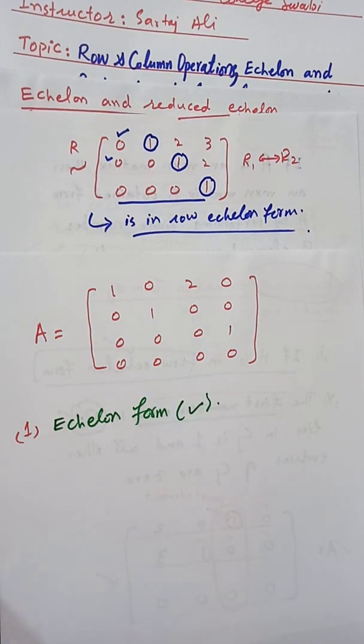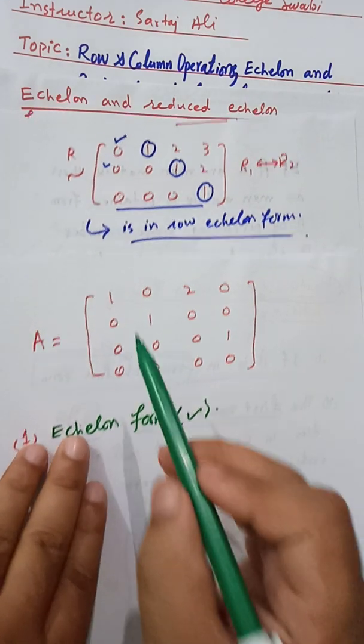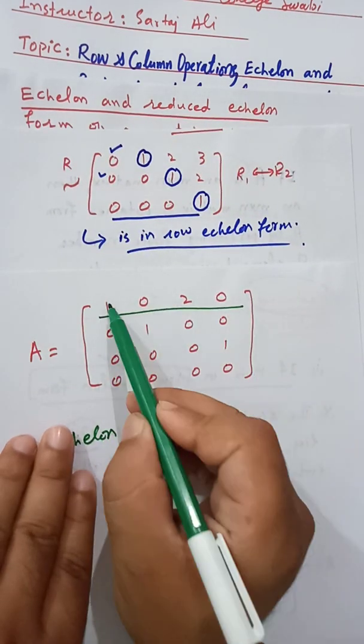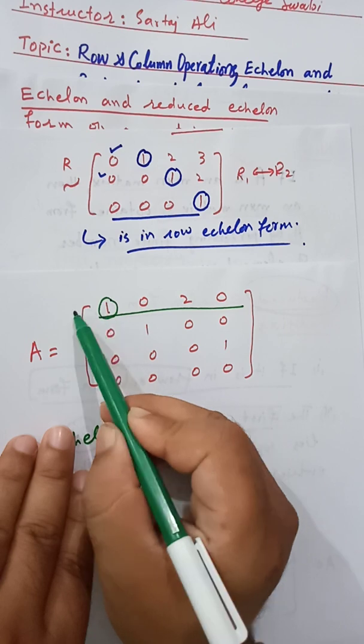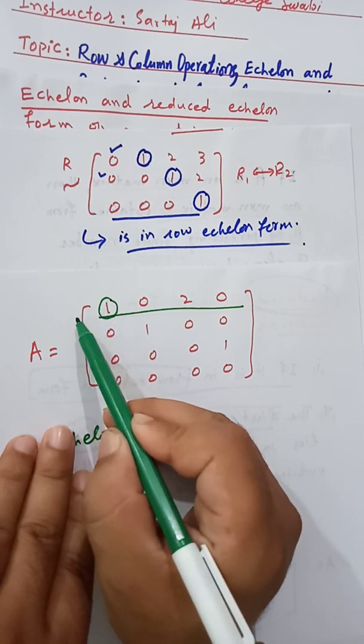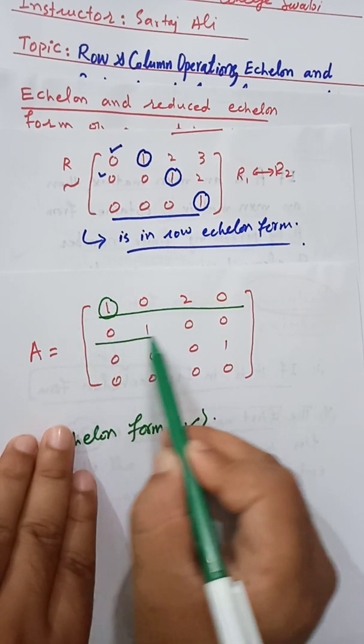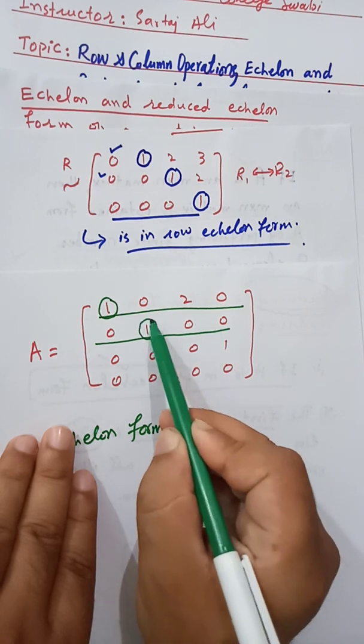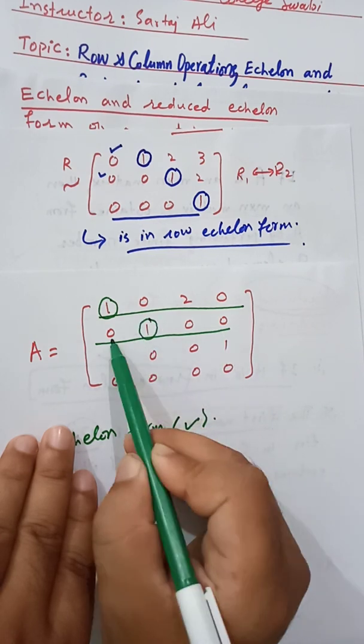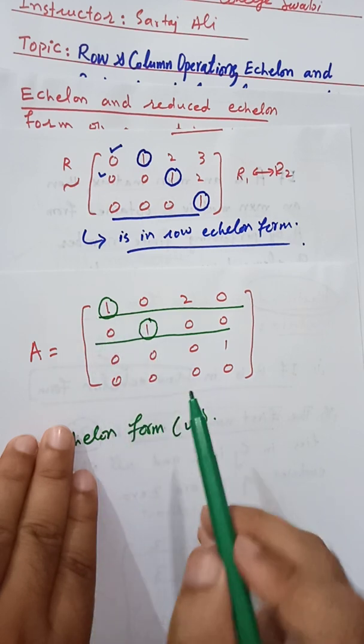Why? You need to check the 2 points of the echelon form. This is your first non-zero row. The first non-zero entry is 1. Before the first non-zero entry there is no 0. Now this is the second non-zero row. This is the first non-zero entry of the second non-zero row. Before that there is 1 zero. So the number of zeros is increased.